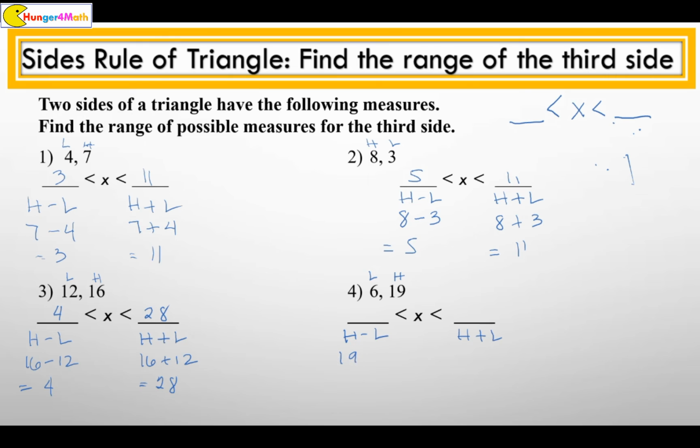So 19 minus 6, and that is equal to 13. And on the other side, we have 19 plus 6, that is equal to 25. So the numbers here are 13 and 25. Our final answer will be x is less than 25 but greater than 13.